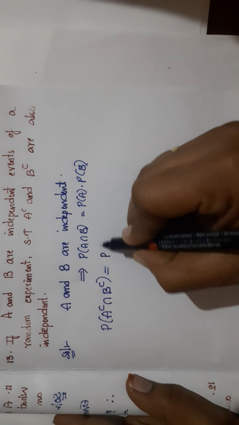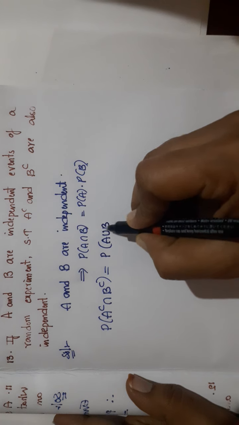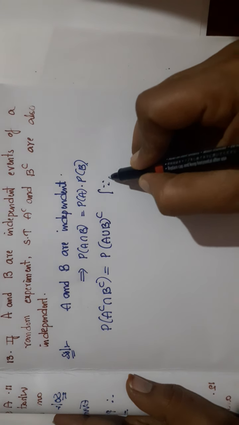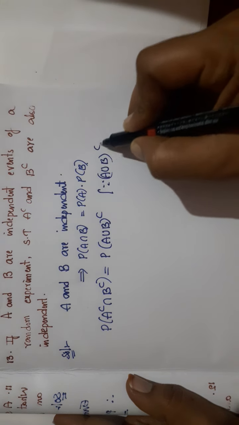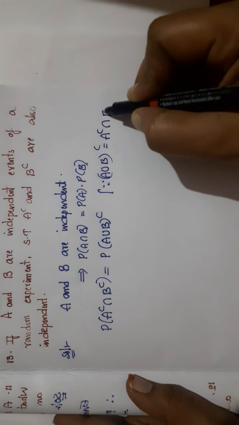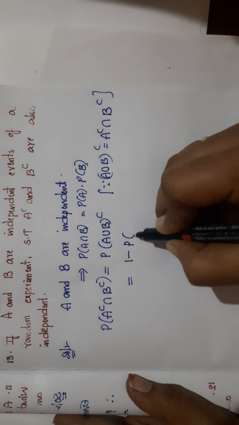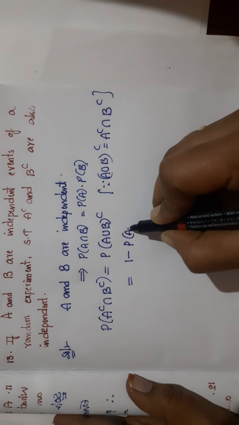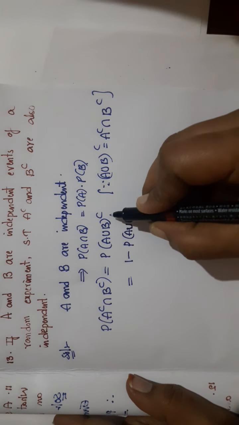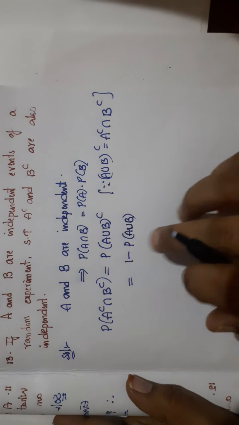Can I write P of (A union B) whole complement? Since (A union B) complement can be taken as A complement intersection B complement, this can be written as 1 minus P of A union B. Complement means 1 minus this one.